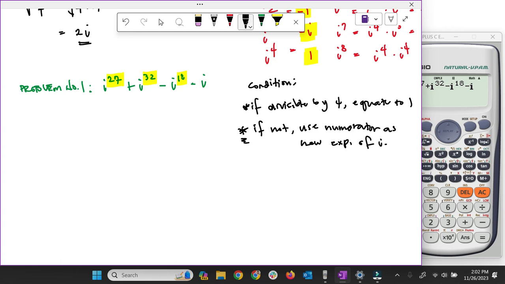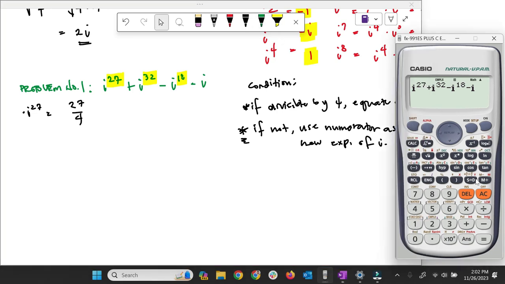Let's proceed dito sa ating problem number 1. So, let's first have i raised to 27. 27 divided by 4, sige, gawin na natin siya sa calculator. 27 divided by 4 will be 27 over 4 pa rin.